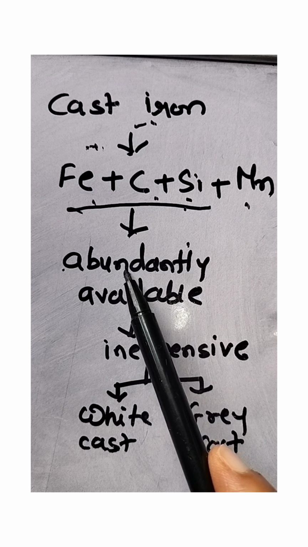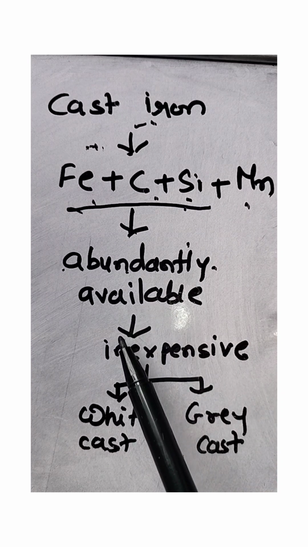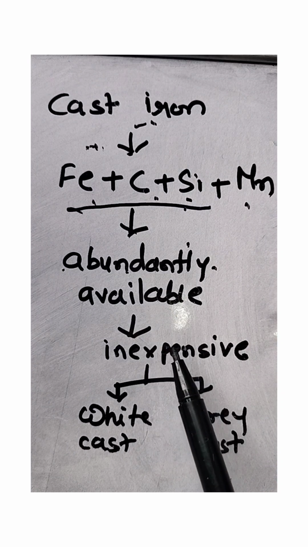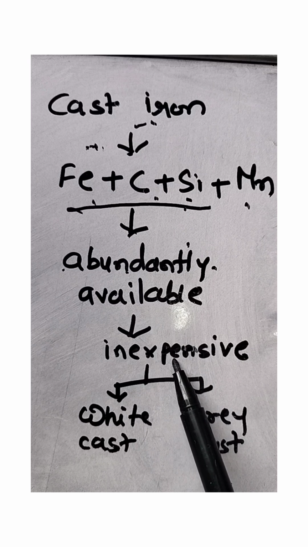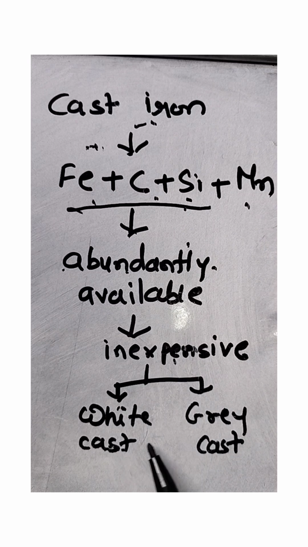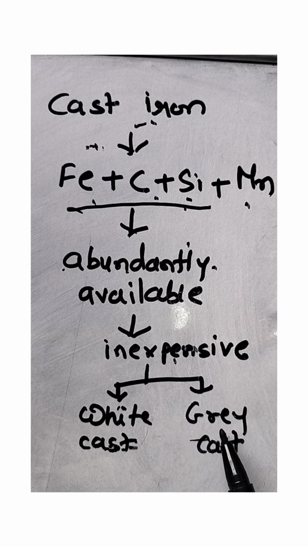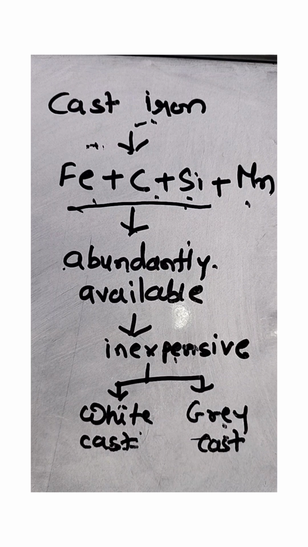This metal is abundantly available and somewhat inexpensive, so we can say it is cost effective. There are two types of cast iron, white cast iron and grey cast iron. White cast iron has an abrasive nature, whereas grey cast iron is somewhat stronger in comparison to white cast iron.